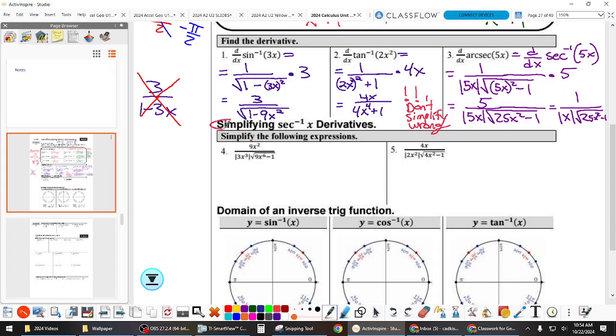Actually, I meant to say, this section is just simplifying practice. So like I said, to make sure that we can maybe match our solution with maybe a multiple choice option. So these I want you to think of as the derivative is already done.